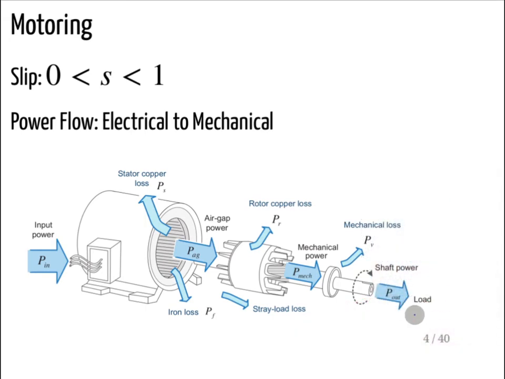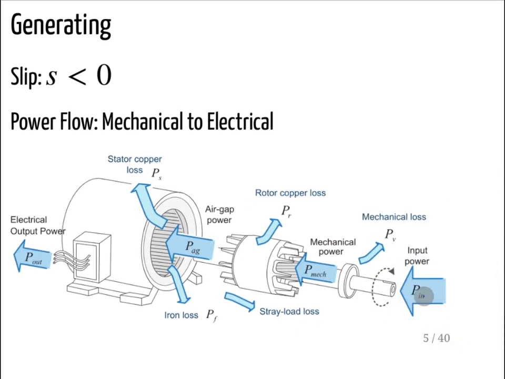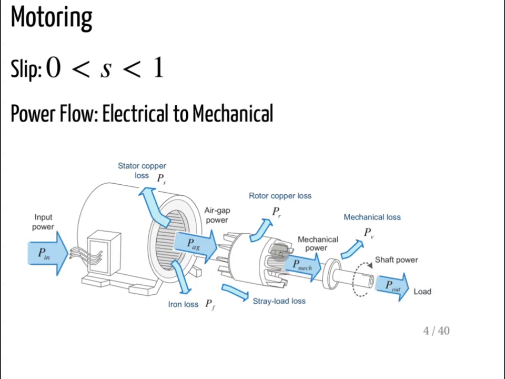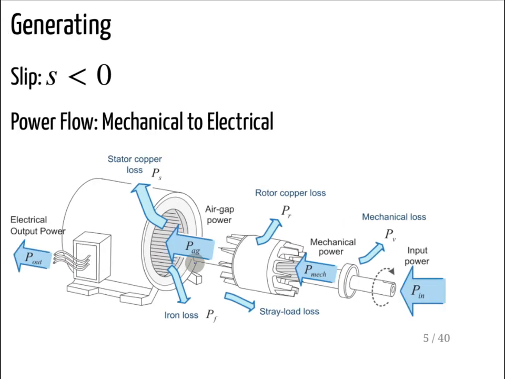Then you have the shaft power, which can be transferred to the load. If you come to the generating side, then the power direction is reversed. Now we are converting mechanical energy, so our input power is the mechanical energy.